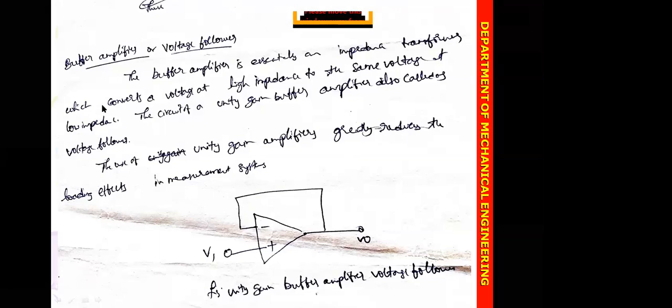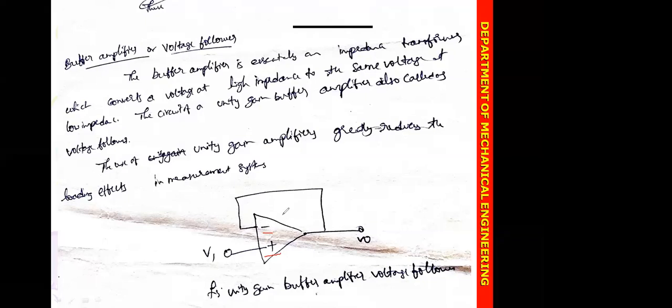Buffer amplifier or voltage follower. See here, if you look clearly, this is the inverting end and this is the non-inverting end. Here the output voltage is connected to the inverting end directly. If you supply the input voltage, that becomes the output voltage, and that output voltage is fed back to the input, the same voltage.